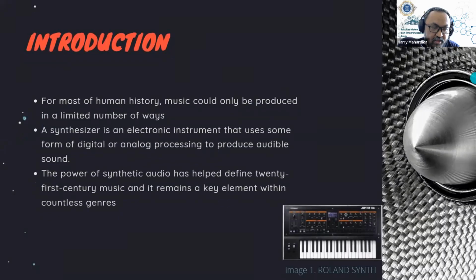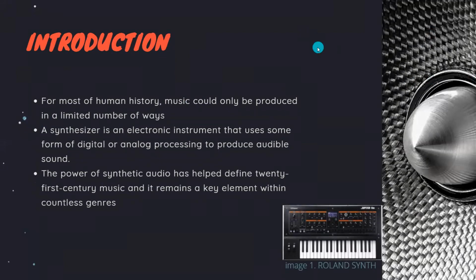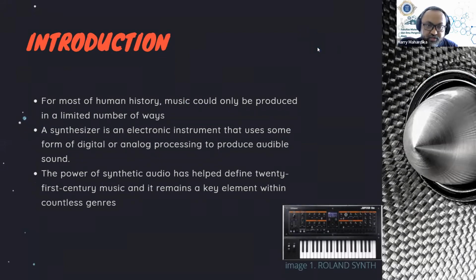Okay, in this slide, obviously you use a sentence like "for most human history, music could be only produced in a limited number of ways." Period. So it's still a sentence. It is better for you to use keywords. For example, "in the past, music production limited," or "limited in the past," or something like this.